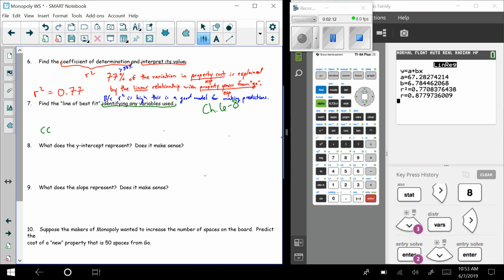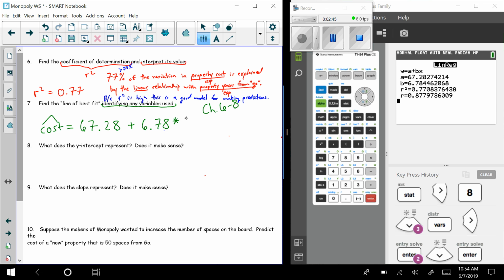So I say cost, and to indicate it's a prediction, it's not actually a real value, I put this hat above it, equals, my a value over here is 67.28, okay, plus, then it's 6.78, that's the slope. I multiply that times the x variable.